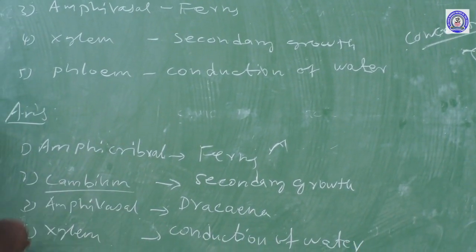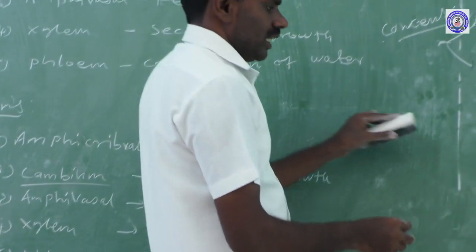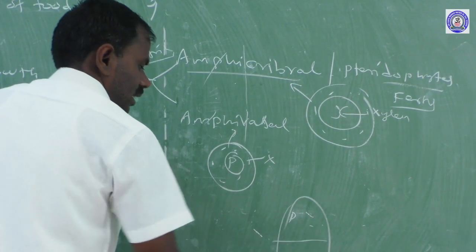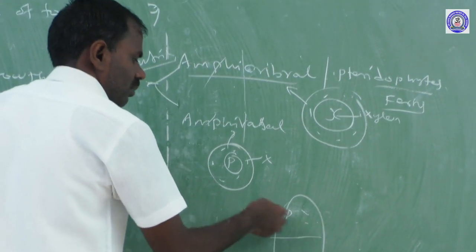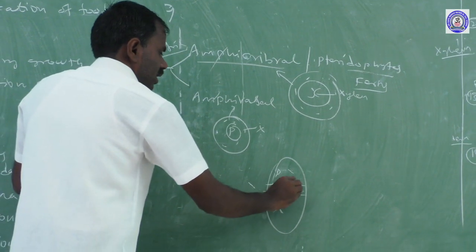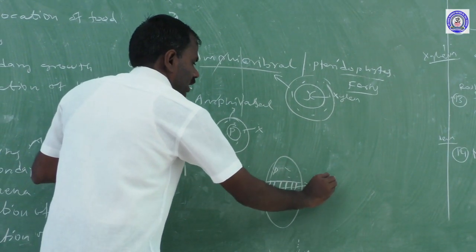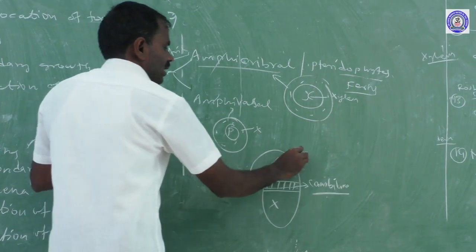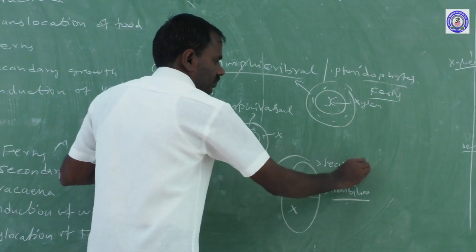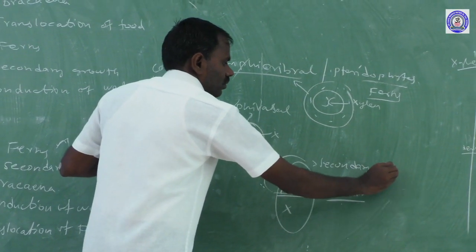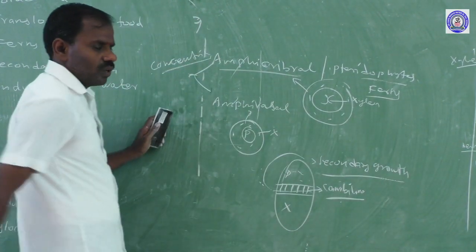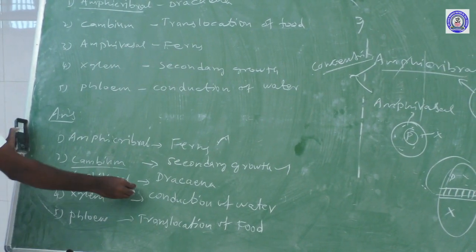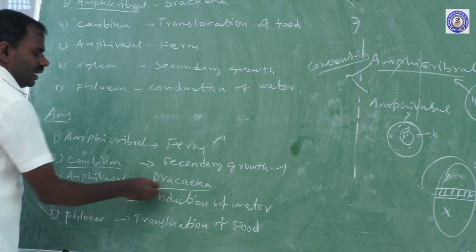Cambium involves secondary growth. Between the xylem and phloem elements, the meristematic tissue is called the cambium. Cambium is involved only in secondary growth, which is the correct match. Next, ambivasal vascular bundles are found in Dracaena.